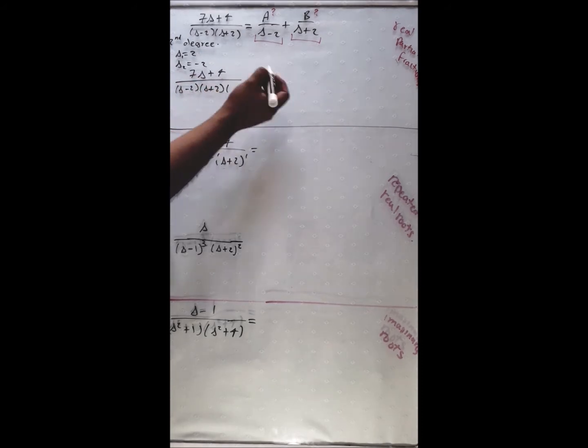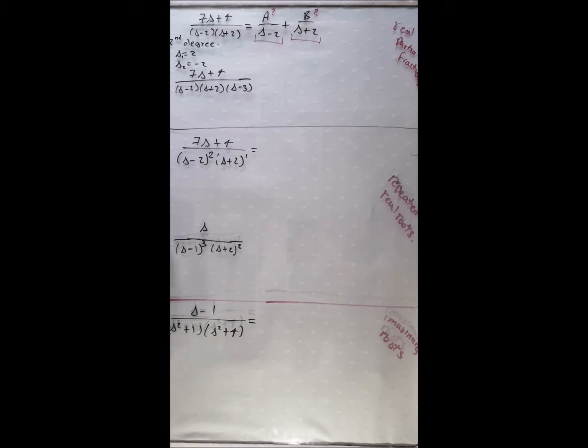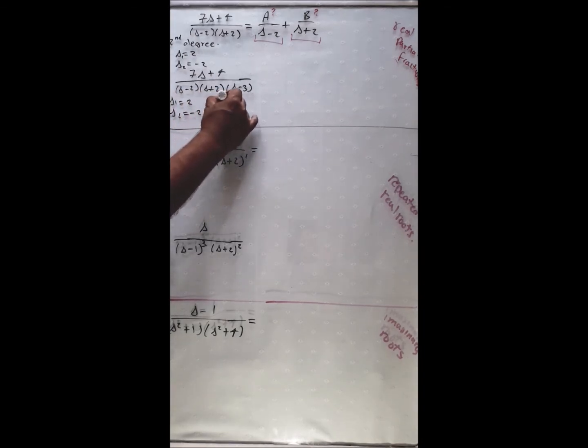Okay, now another example. What happens if you have something like this: 7s plus 4 divided by s minus 2, s plus 2, and let's add another, s minus 3, for example. So you will have s1 equal to 2, the first root, s2, the second root, is minus 2, just like the previous, but you will have a third root, which is 3.